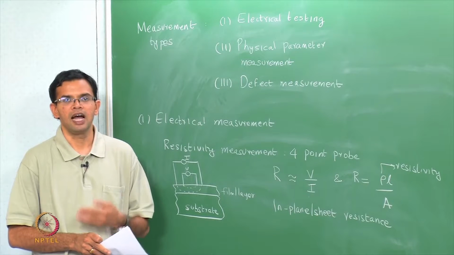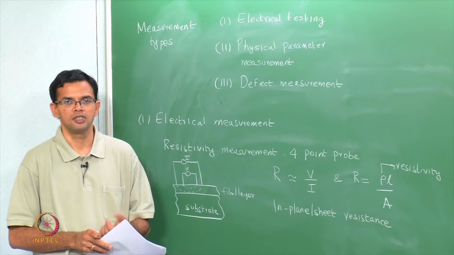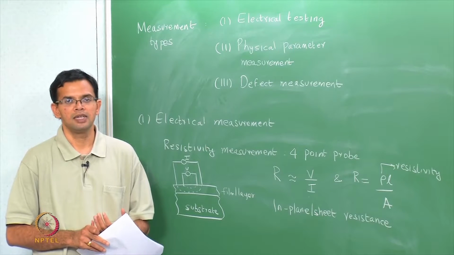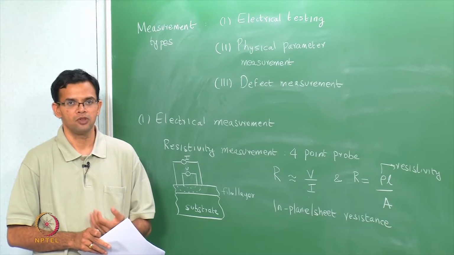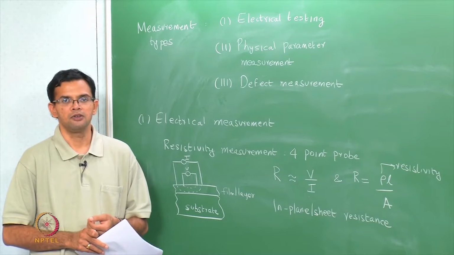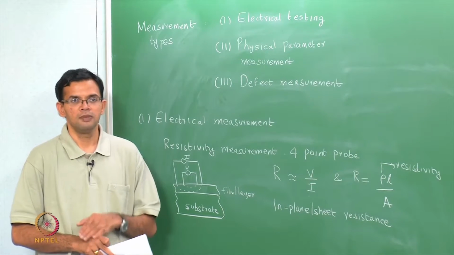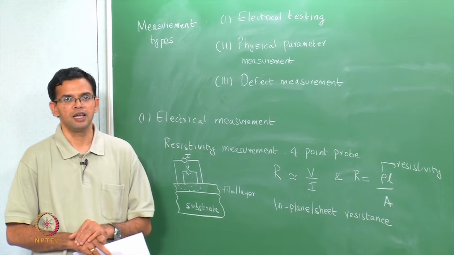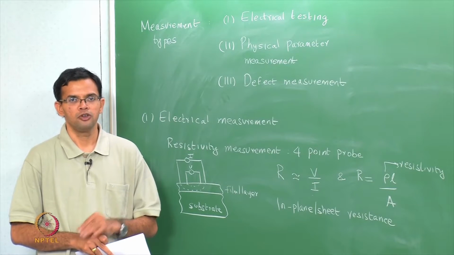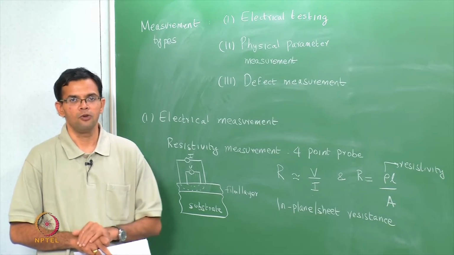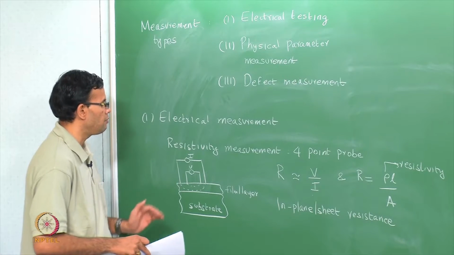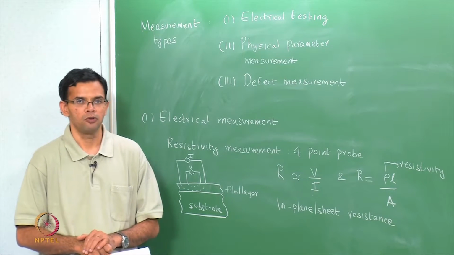For example, you can have a metal film that is deposited on silicon. Metal usually has a much lower resistivity compared to the silicon, so that the current flows through the film. Similarly, if you dope a specific layer of the substrate, so that you have a doped layer with a lower resistance, that again can be measured using a 4-point probe.